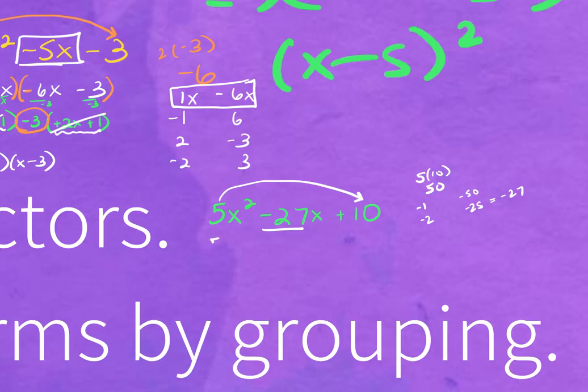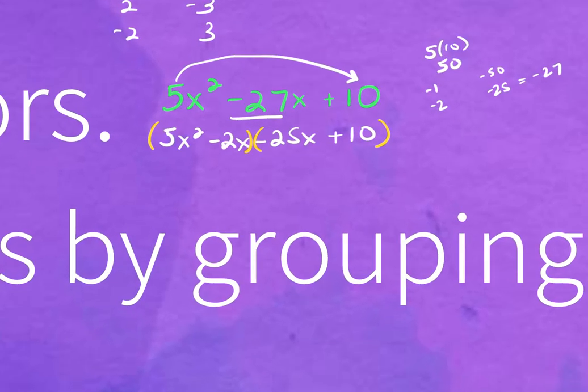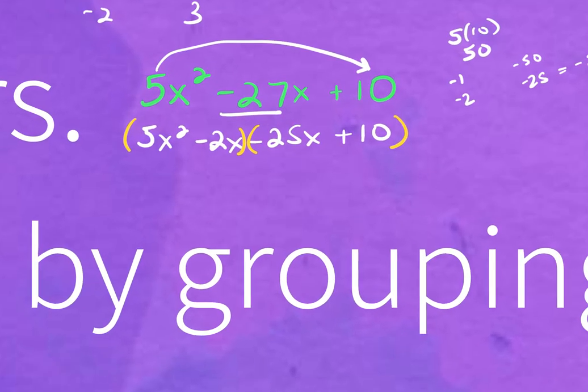So then I'm going to replace my middle term with minus 2x minus 25x, and then I keep my positive 10. And then we're going to factor by grouping. So from the first set of parentheses, I can take out an x. And what's left, so I've divided this by x and this by x, what's left is 5x minus 2.